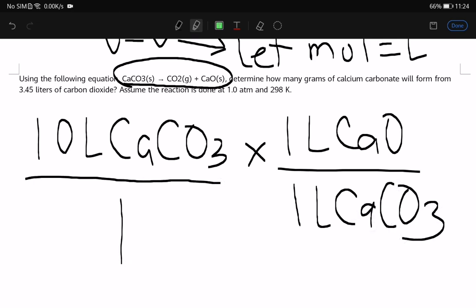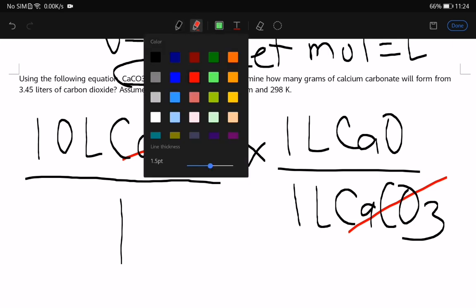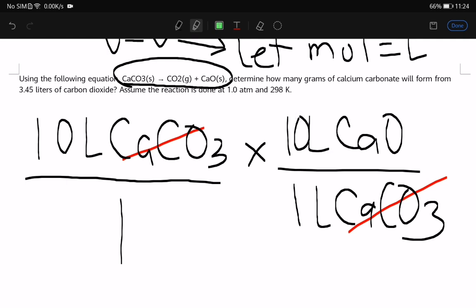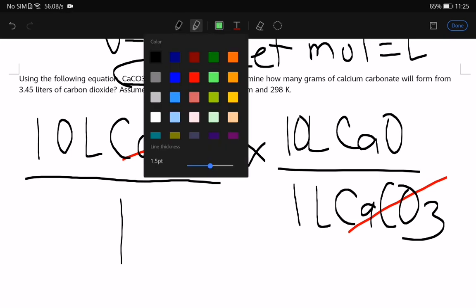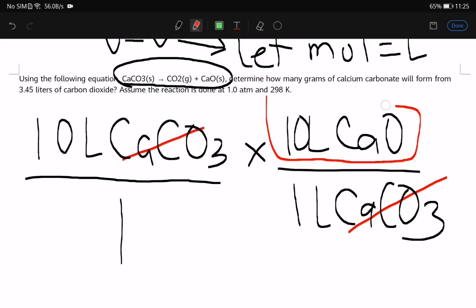So it's just 10 times 1. If you have 10 liters of calcium carbonate, then you will produce 10 liters of calcium oxide as well. That's our answer.